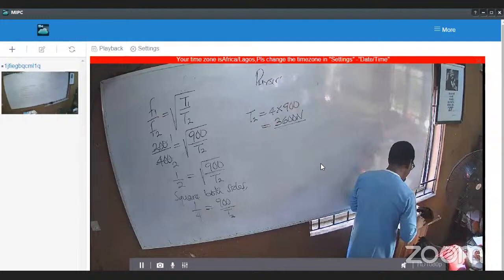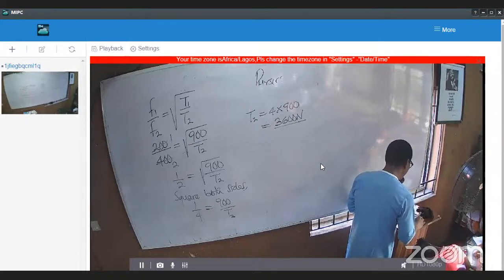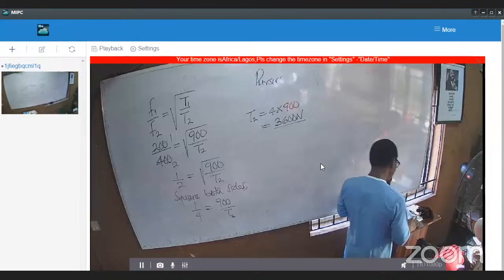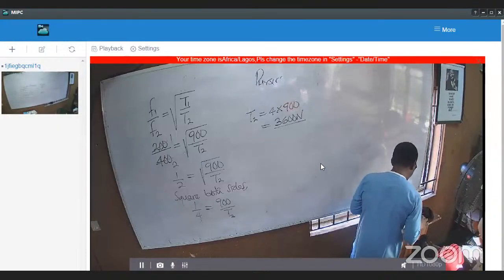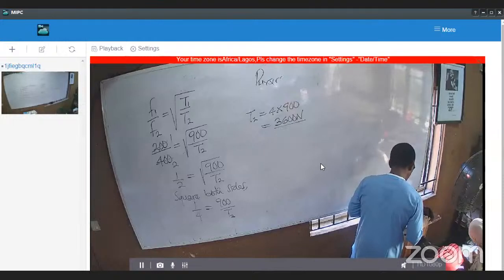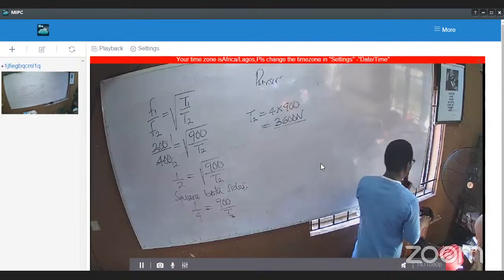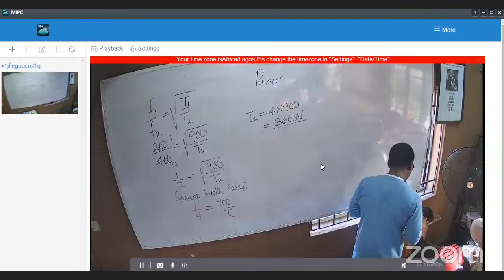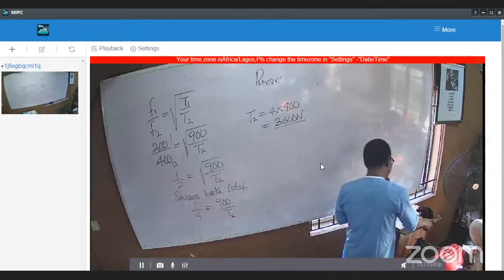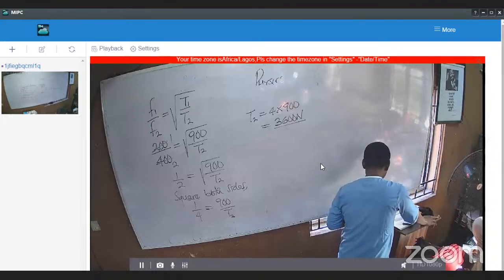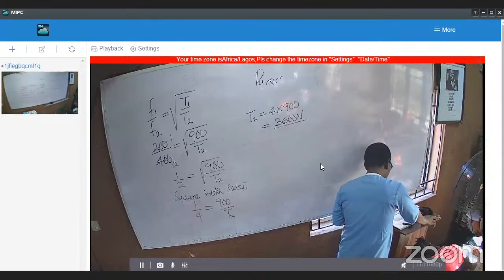A steel wire of length 0.50 meter is stretched between two fixed points, and a second overtone frequency is 600 hertz.